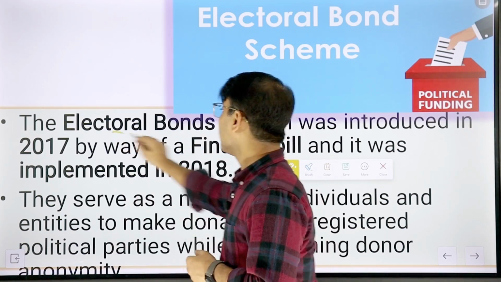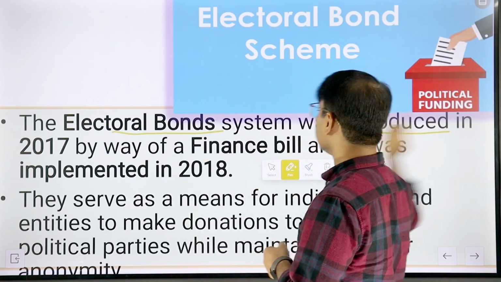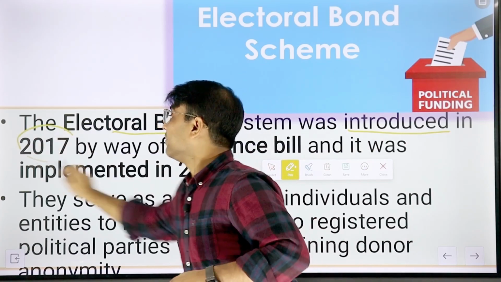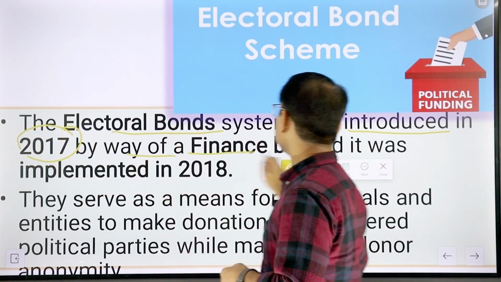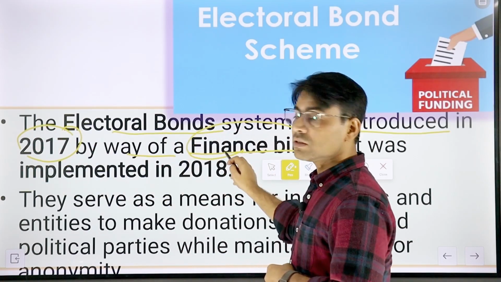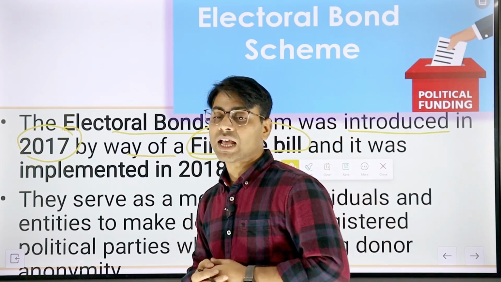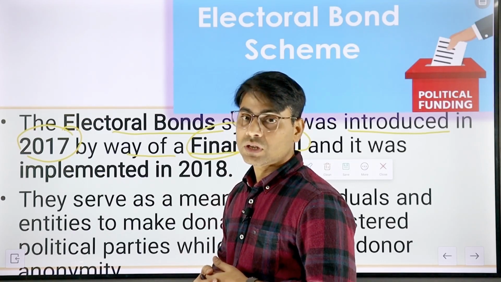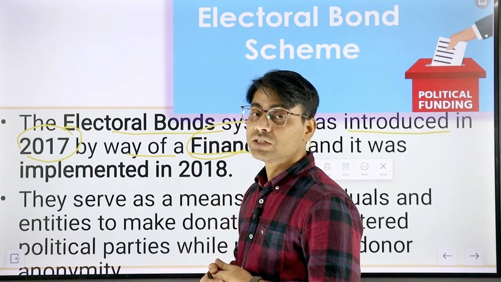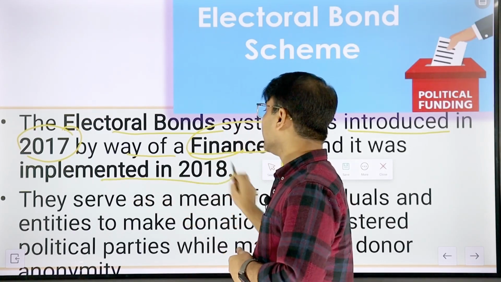This electoral bond system was introduced in 2017 by way of a finance bill. This has also been one of the concerns, as it was introduced as a finance bill. Constitutionally, we understand the finance bill is one of the important aspects when it comes to legislation, and it was implemented in 2018.